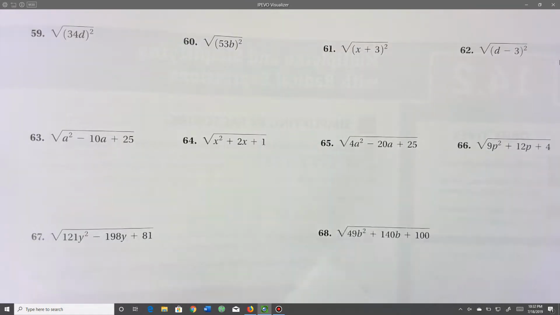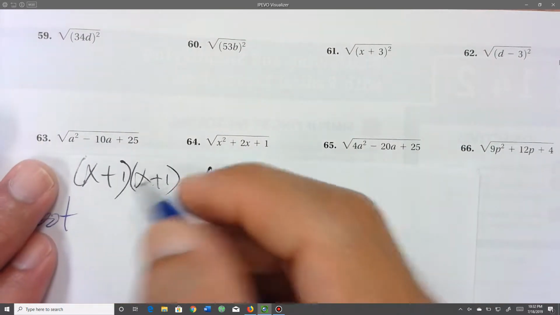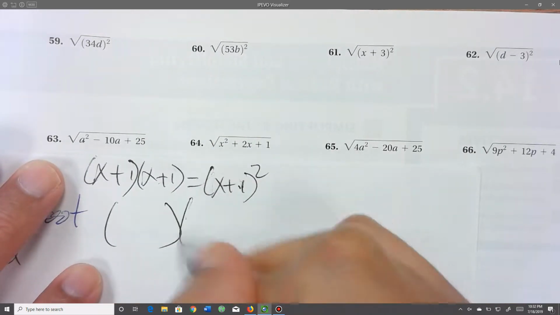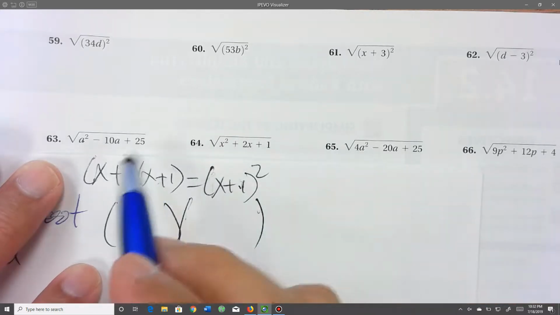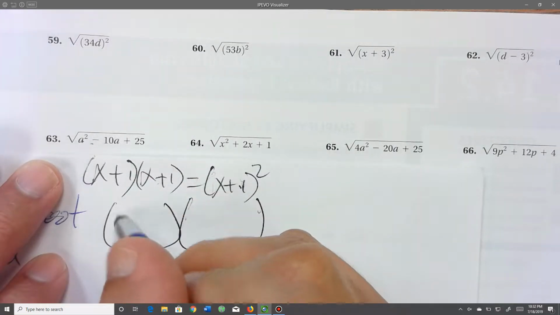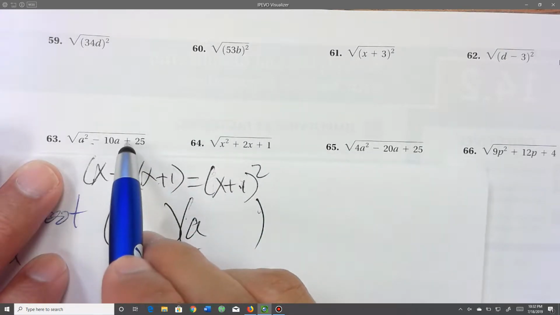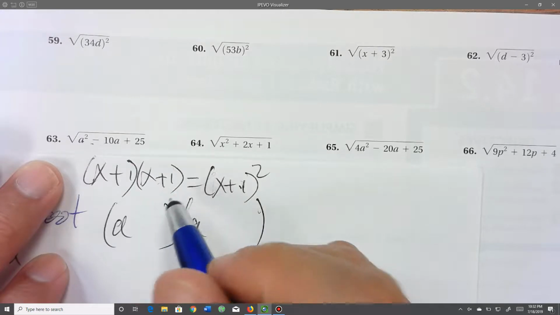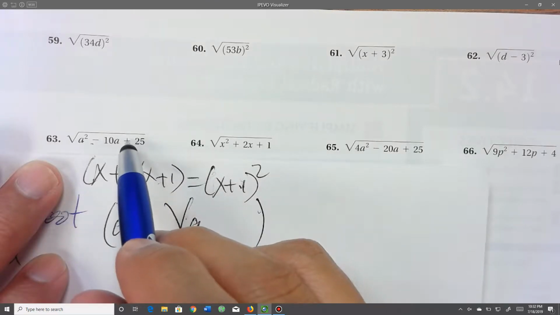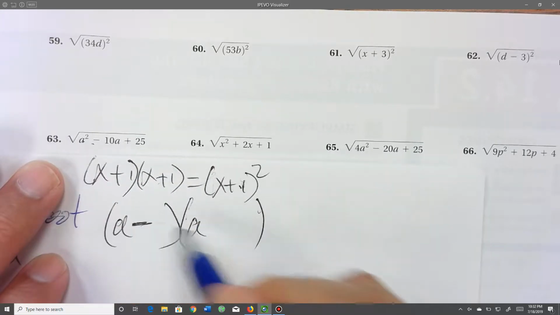Let me go ahead and work out these two examples here. Let's work with this one here, and I'll work it out by using the trial and error method. I know the first value is a. This sign is positive, therefore I'm gonna have either a negative and a negative sign, or a positive and a positive sign. That's the only thing that can make this sign positive. This middle sign tells me which signs to use, negatives.